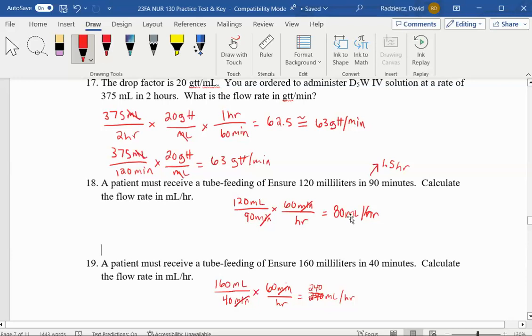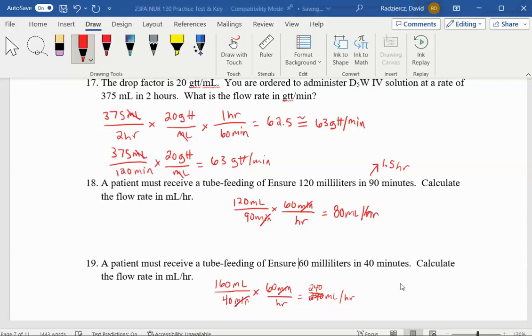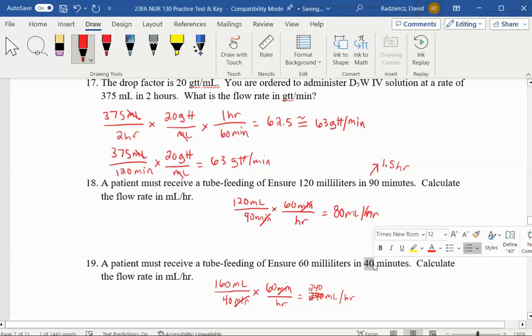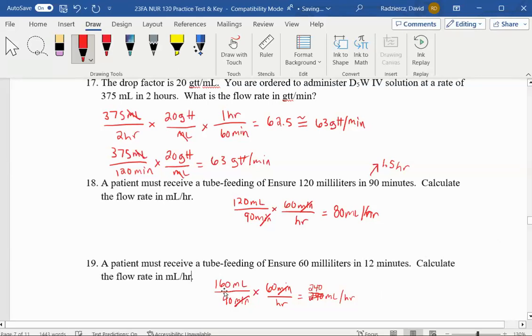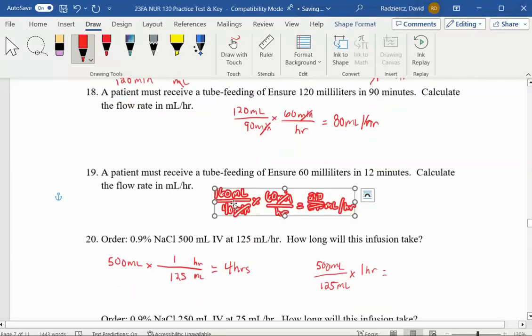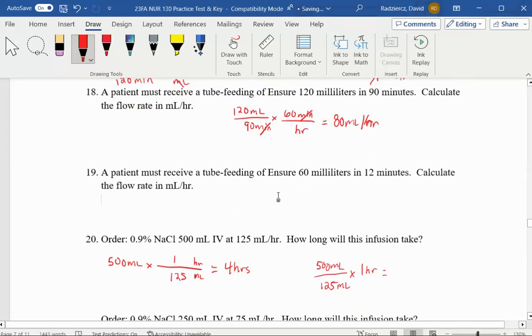So let's try that with something like this. Let's say it's 60 milliliters in, let's just say, 12 minutes. And I want you to calculate milliliters per hour. So again, go ahead and answer that question, put it into the chat, and then we'll confirm the answer here in just a minute or two.